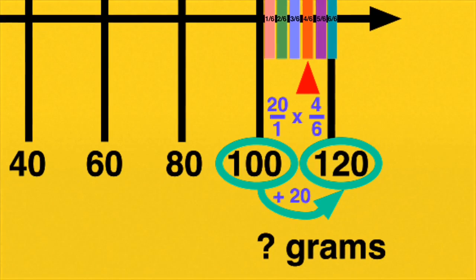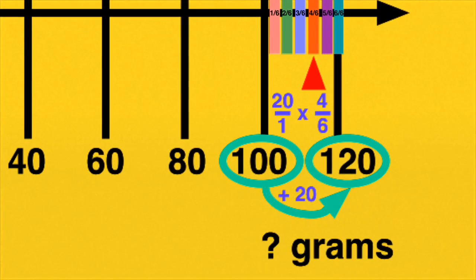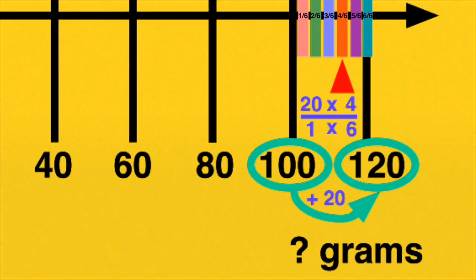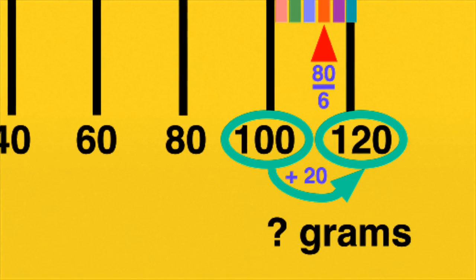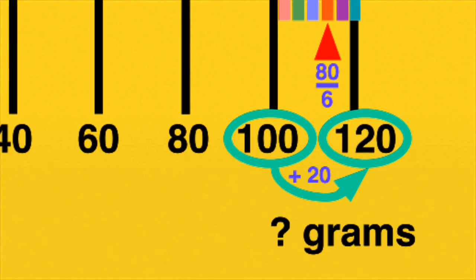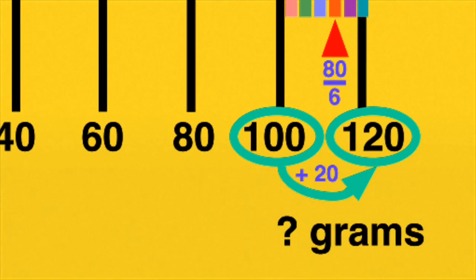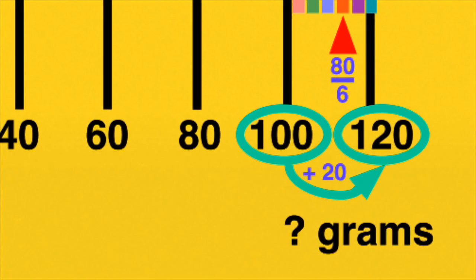And remembering how to deal with fractions, if I want to know what 4/6 of 20 is, I just multiply. And multiplying fractions means I can simply multiply the numerator times the numerator and the denominator by the denominator, and I'll end up with 80/6. Now, I can already see, because both of those numbers are even, that I can simplify this fraction even more. I'm going to divide both by, I'll start with 2.